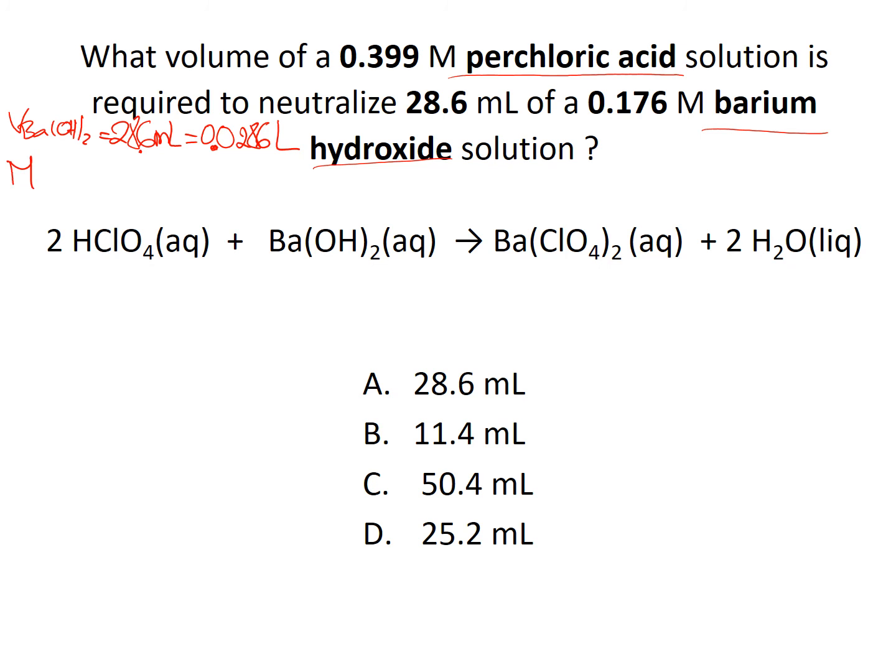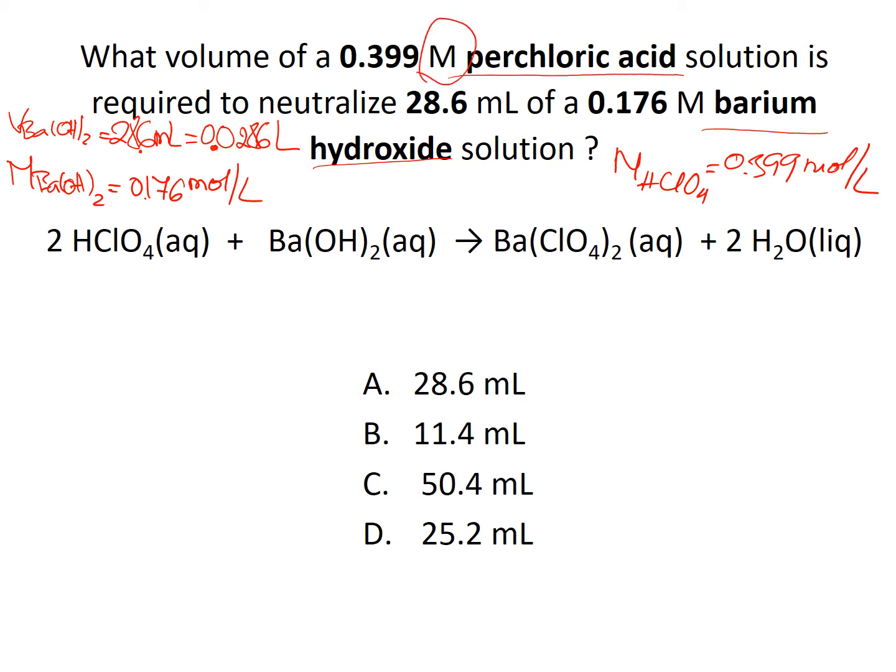The molarity of barium hydroxide is also provided, and that is 0.176 moles per liter. The concentration or molarity of the perchloric acid solution is given, and that is 0.399 moles per liter. Because remember, molar stands for moles per liter.